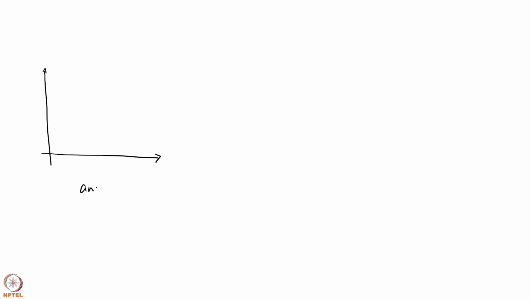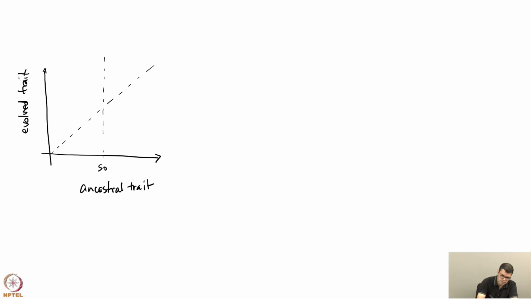So, this is ancestral trait, evolved trait. One possibility is that all 12 lines exhibit their point at the same value.